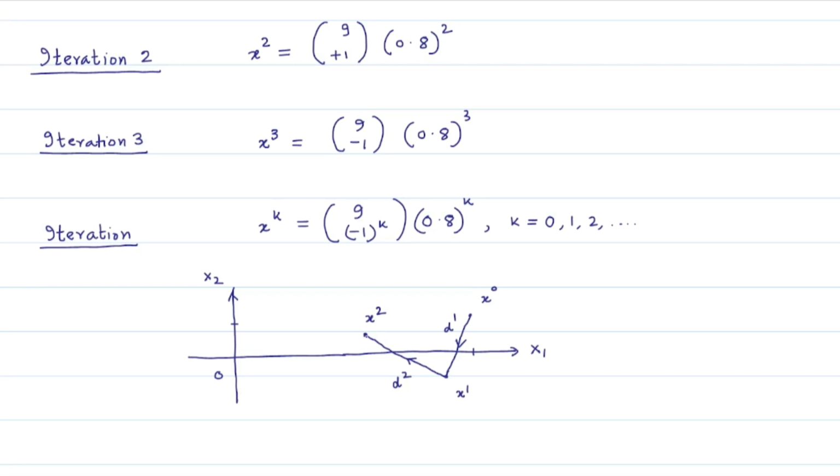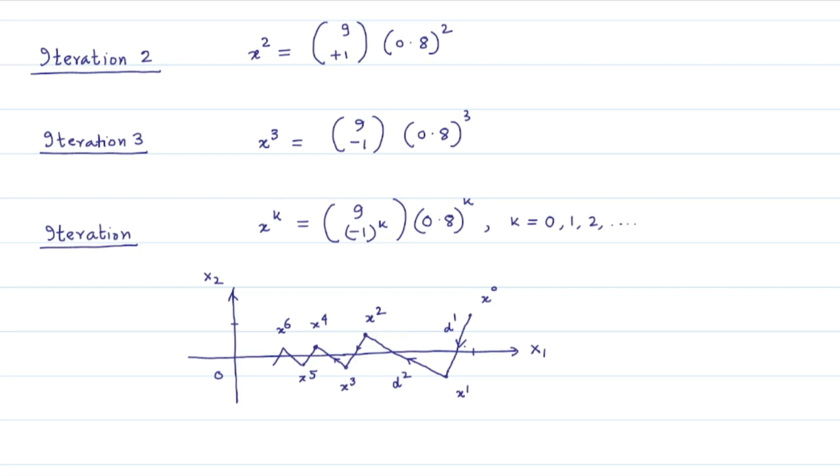Then you keep finding x3's location, then x4, afterwards x5, then x6 and so on, which gives us a zigzagging path along which the steepest descent method moved to find the iteration sequence xk.